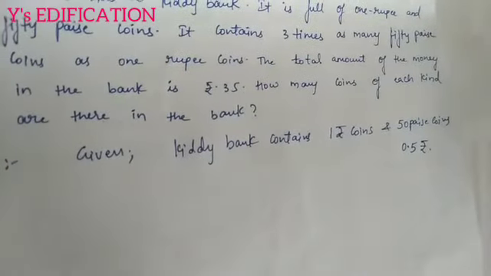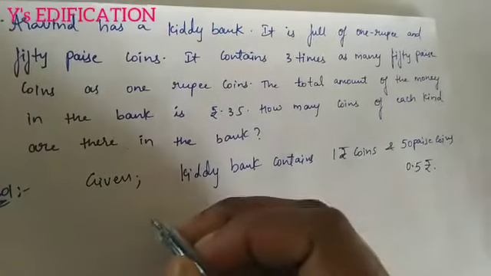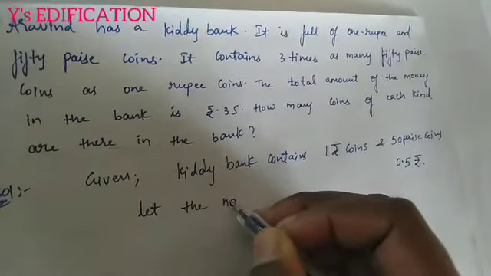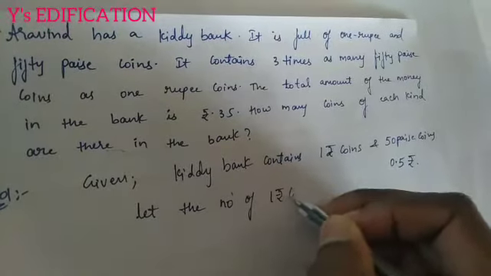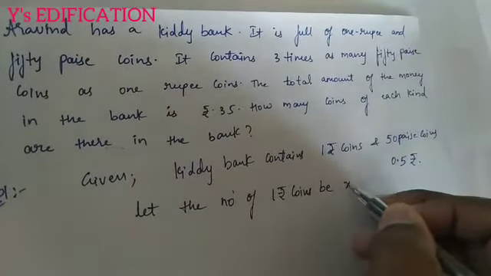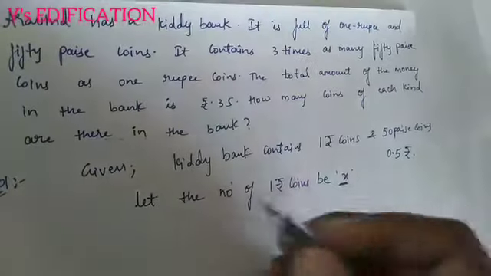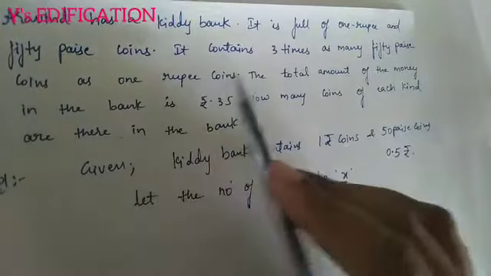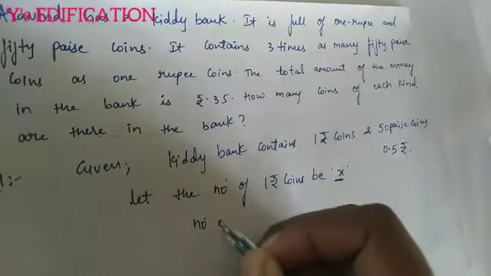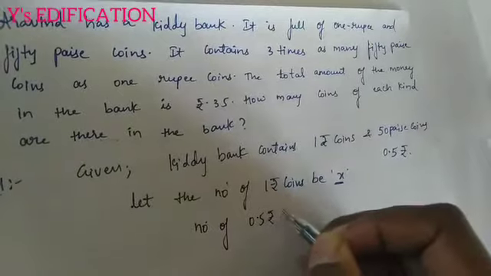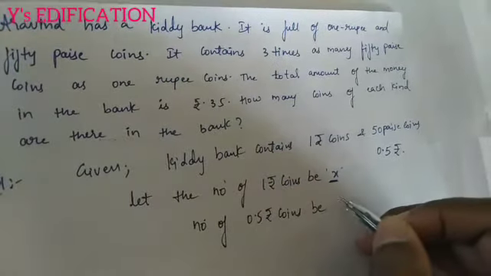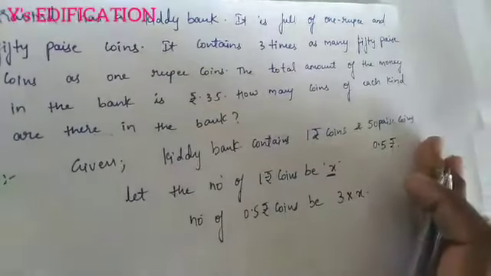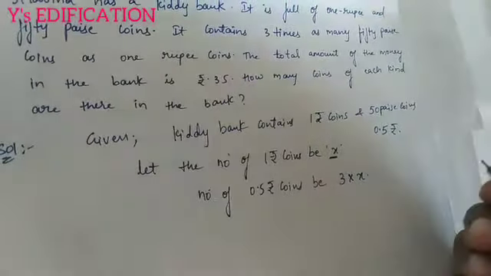So let the number of 1 rupee coins be x, since we have to find this out. It contains 3 times as many 50 paise coins as 1 rupee coins. So the number of 0.5 rupee coins is 3 times x, 3 into x.